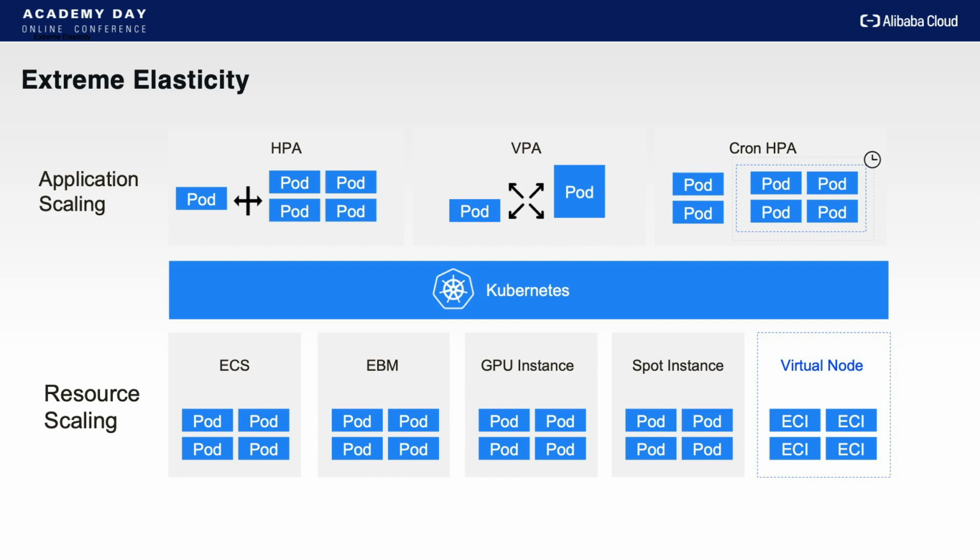In the resource layer, Kubernetes cluster can add additional nodes dynamically when the application requires more computing resources. We can scale out 1,000 of nodes in minutes to handle the bursting workload easily. ACK supports VM, bare metal, and GPU instance.